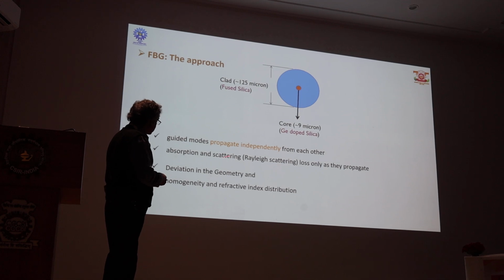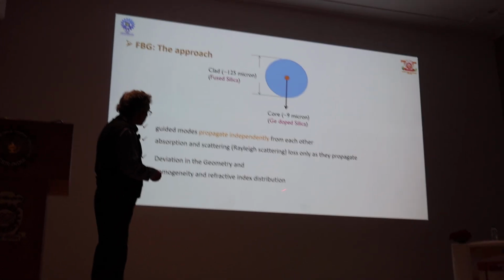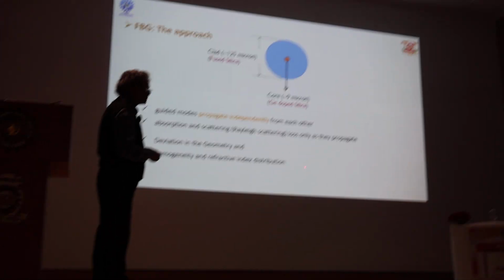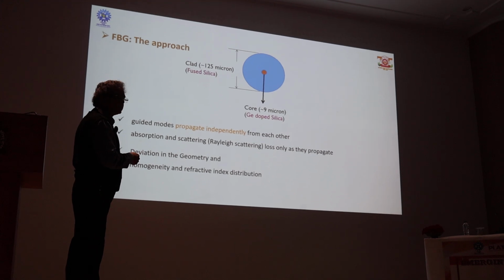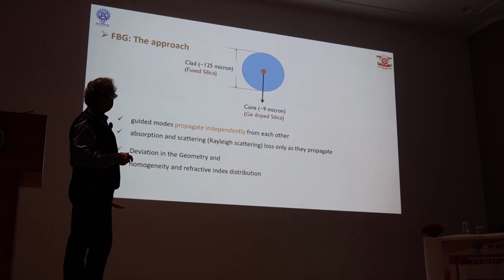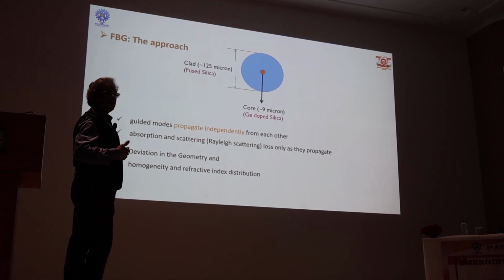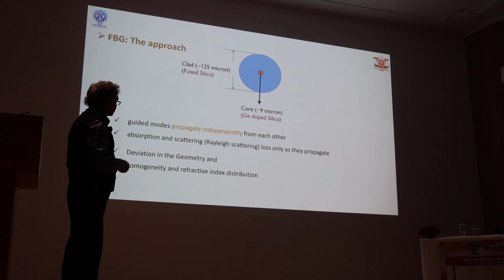Now, if there is a deviation in the geometry and also the homogeneity in this refractive index distribution, meaning these two optical glass regions are absolutely homogeneous and ideal to the theoretical possible limit.